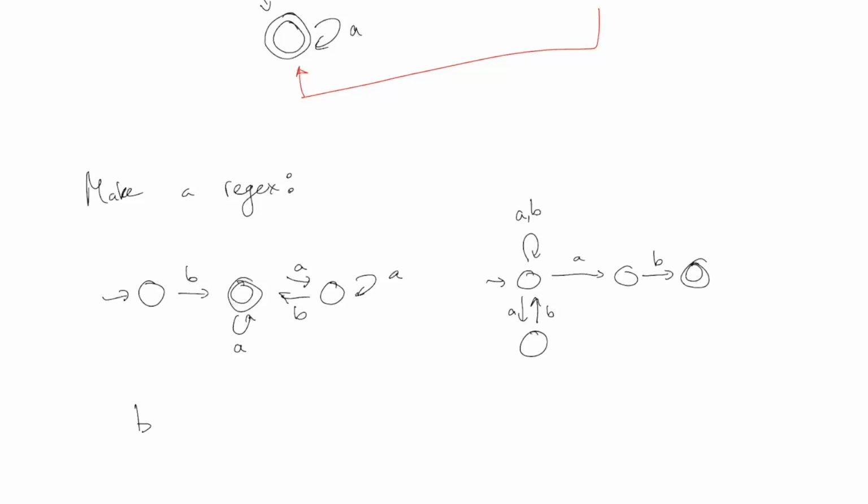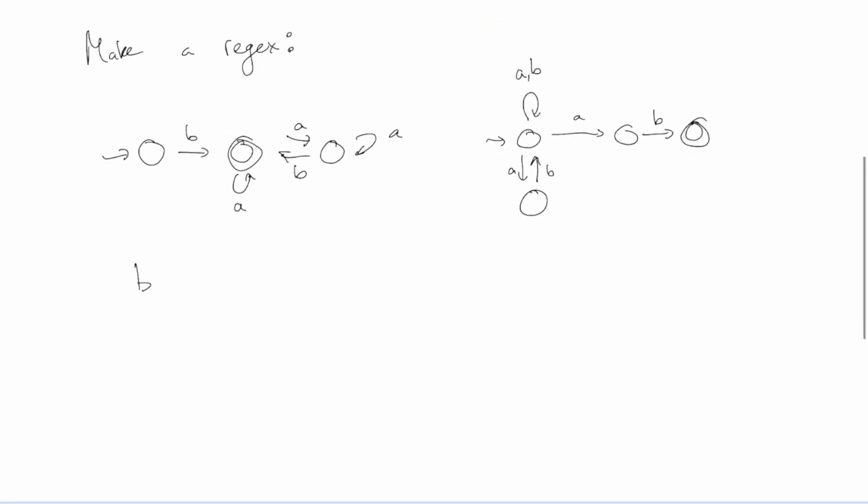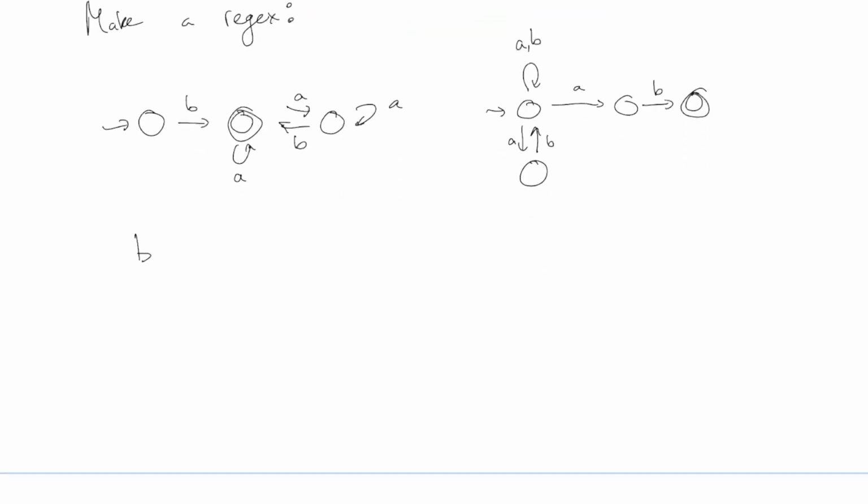I see some good answers. So for the first one, there are different ways that you could write this that are still correct. So if you are not getting exactly what I say, it doesn't necessarily mean that you're wrong. But the way I would say this one is, you start with B, and then after doing B, there are some loops here. You can either do this, the little loop, or this larger loop.